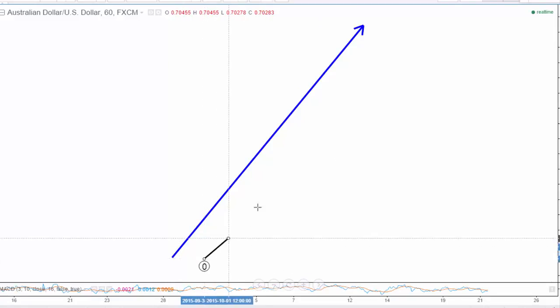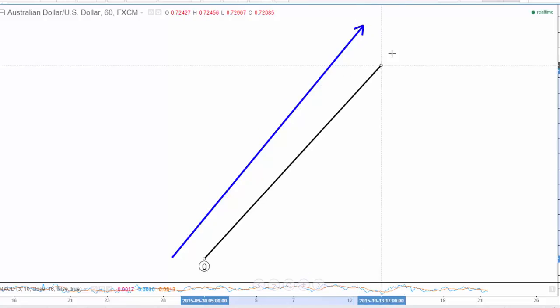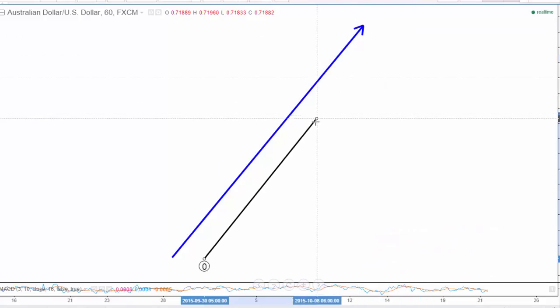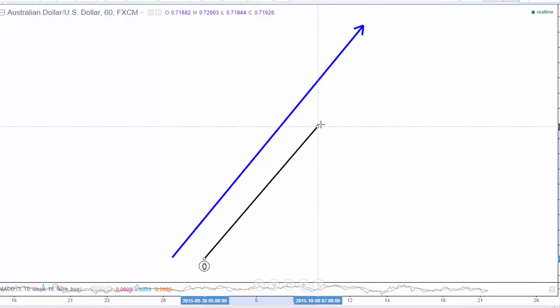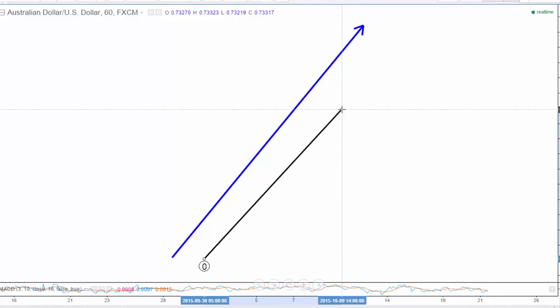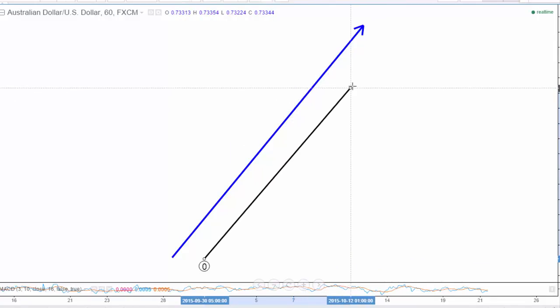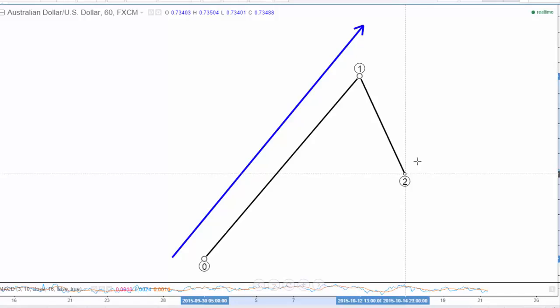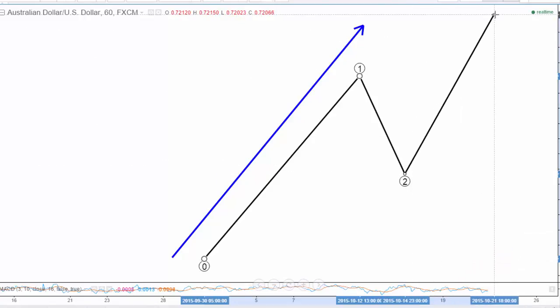We're going to take this swing right here. Just for purposes, and then up.